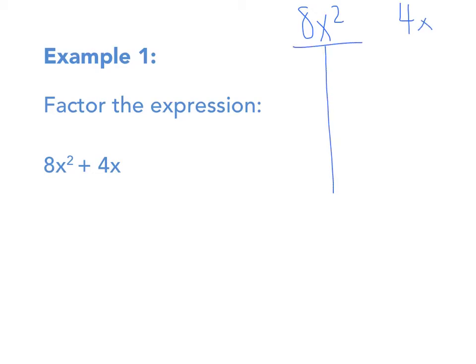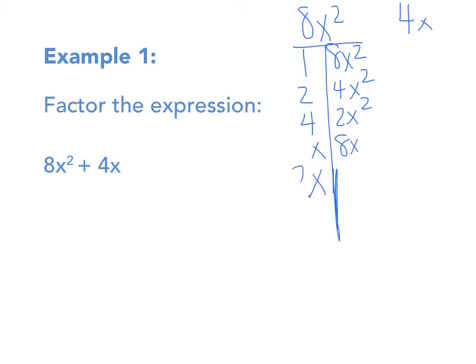So our factors for 8x squared will be 1 and 8x squared, 2 and 4x, 4 and 2x. Then we also have x and 8x, 2x and 4x.